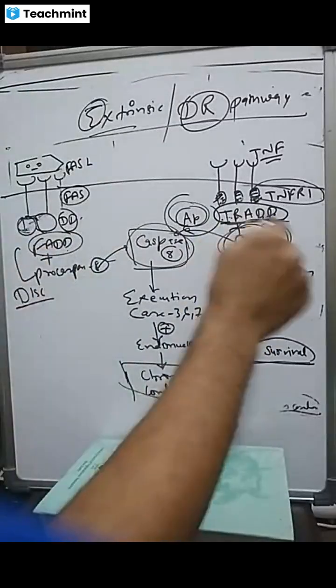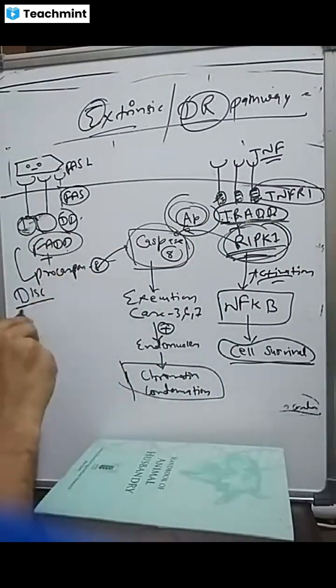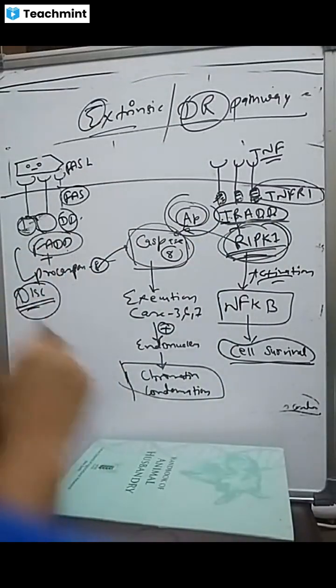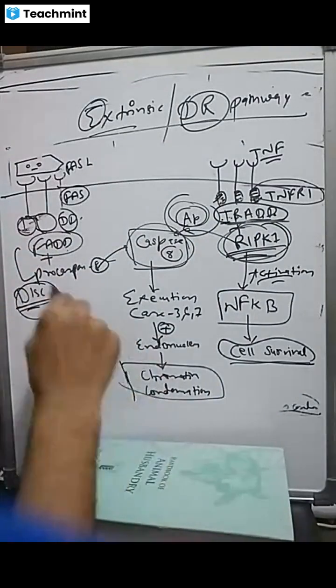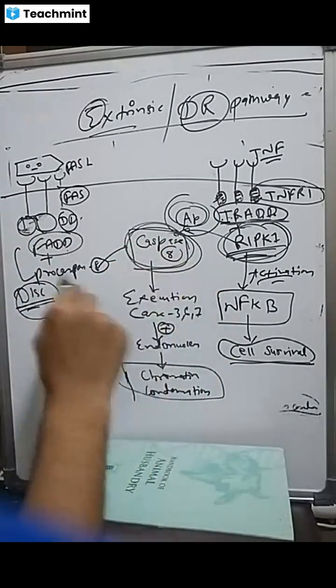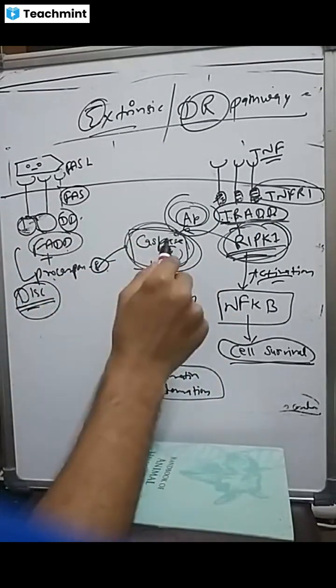There is an adapter protein this side, an adapter protein this side. This combines with procaspase and forms the complex DISC that will activate procaspase into caspase 8.